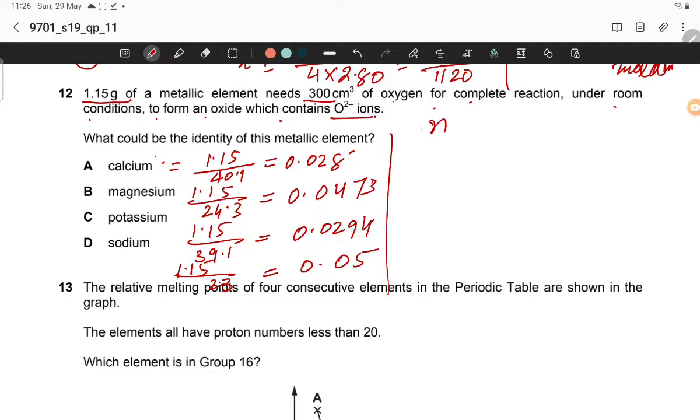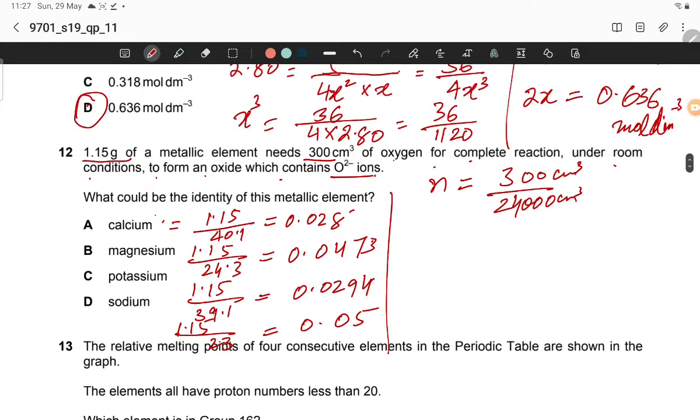Now calculate the moles of oxygen. 300 divided by 24,000 centimeter cube, which is equal to 0.0125.